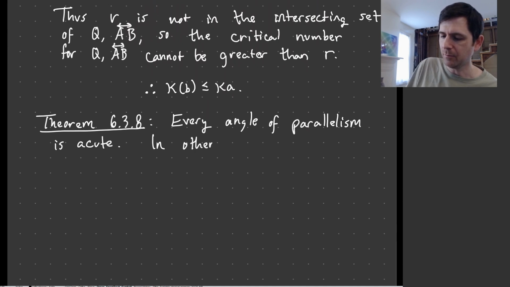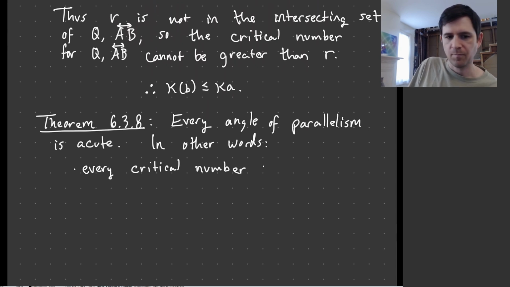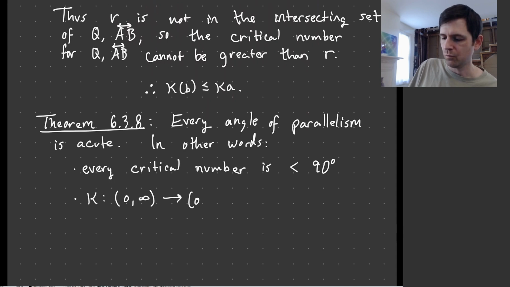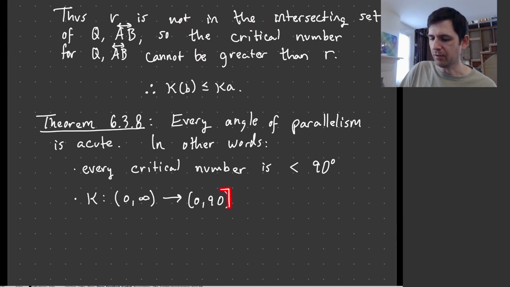So every angle of parallelism is acute. In other words, every critical number is less than 90 degrees. Or you could say the function kappa, which before we had defined as going from 0 to 90 with a square bracket, now we can say is a round bracket because the critical numbers are never 90.